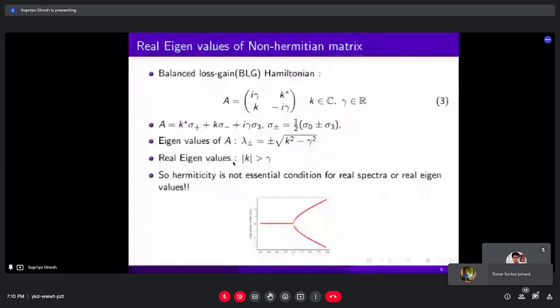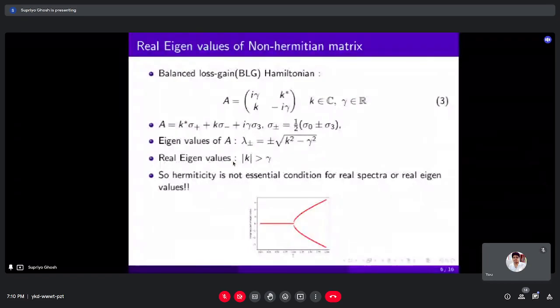So in this plot, I have plotted the imaginary part of the eigenvalue with respect to the ratio of gamma by k. And whenever the ratio goes beyond 1, we get the complex eigenvalue.